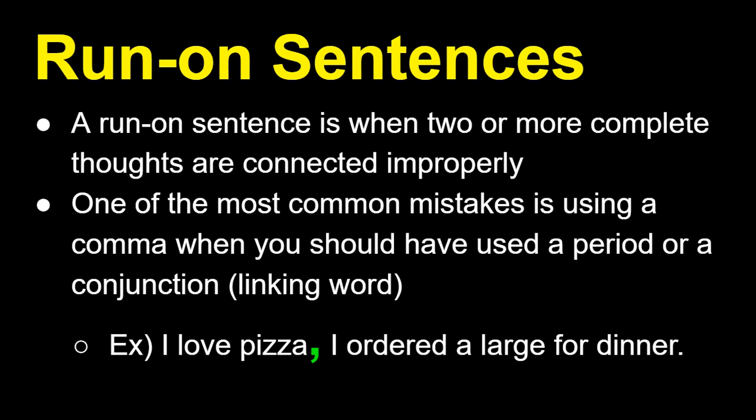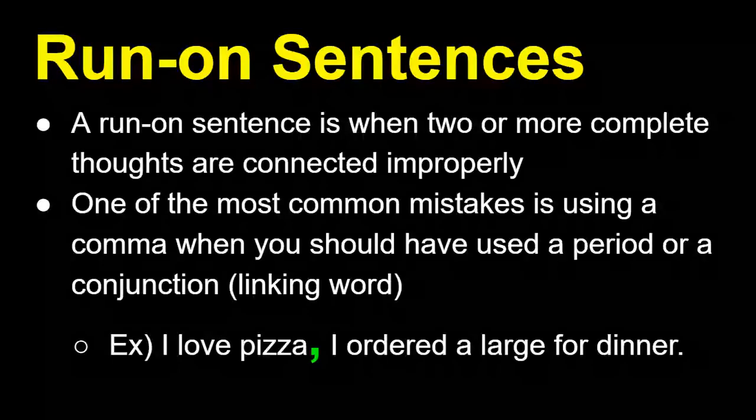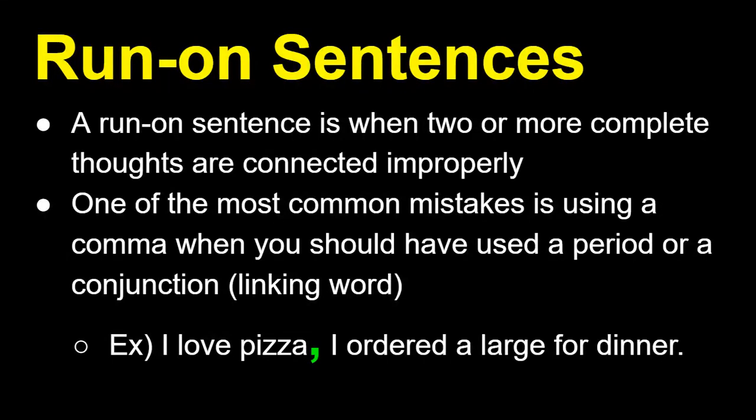Remember, you can do that in a compound sentence. You can do that in a complex sentence, which you do have notes on. And we will touch on that again very briefly, but we've covered those multiple times this year. This is more of identifying those errors and fixing them instead of just making sure we know how to construct them. One of the biggest mistakes is using a comma when you should have used a period or a conjunction.